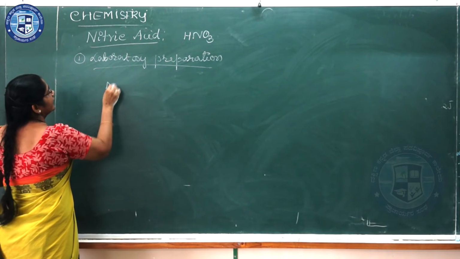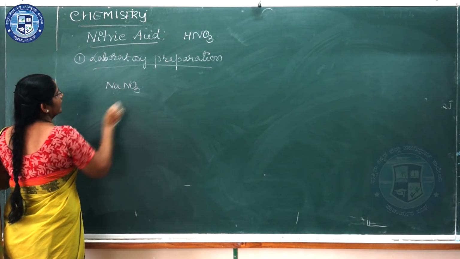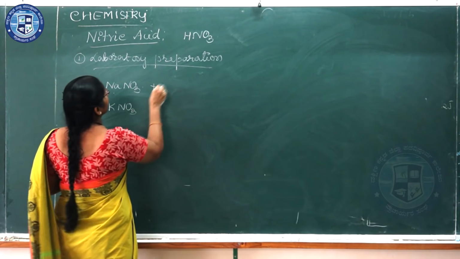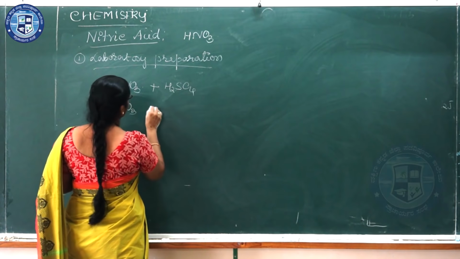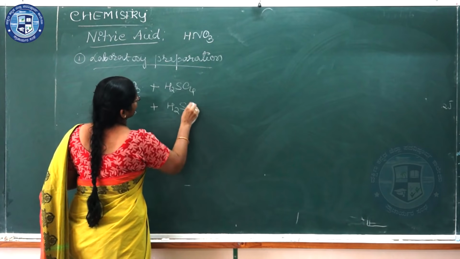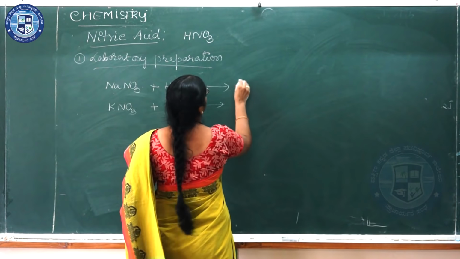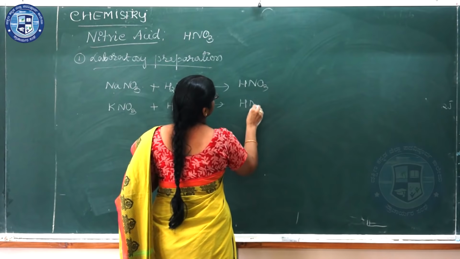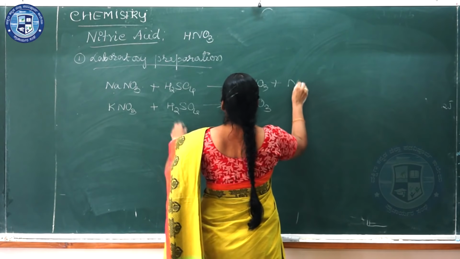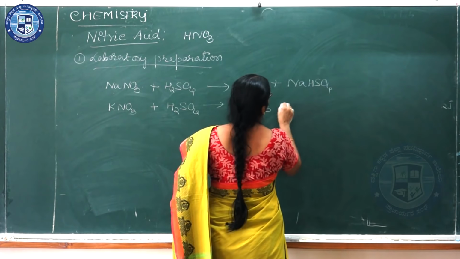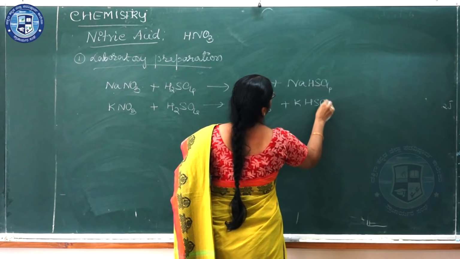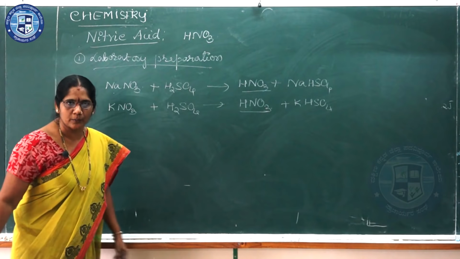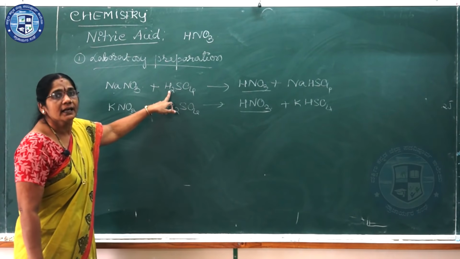When nitrate salts like sodium nitrate or potassium nitrate are treated with sulfuric acid, we can write nitric acid, and so nitric acid is formed in a double decomposition reaction where sodium is replaced by the hydrogen atom.